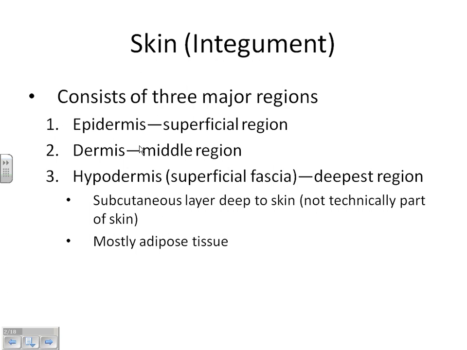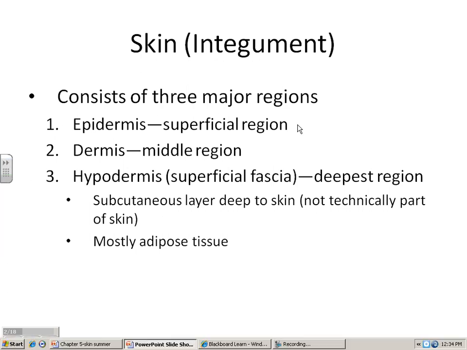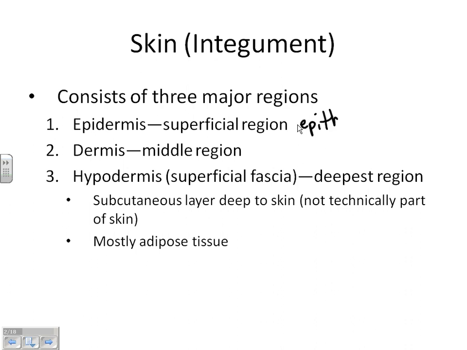The epidermis, the most superficial region of your skin, is made of epithelial tissue. Okay. Can anybody guess what type of epithelial tissue? Stratified squamous, right? We've already kind of learned that. Okay.